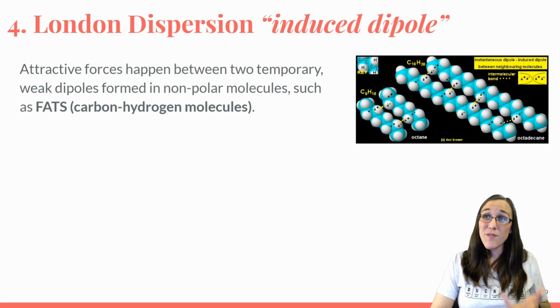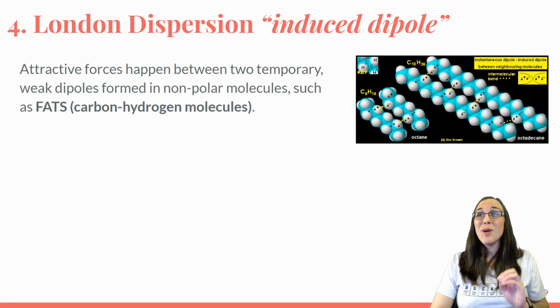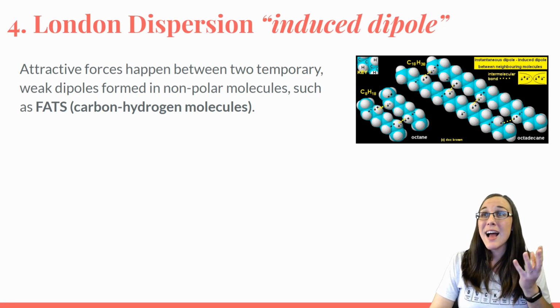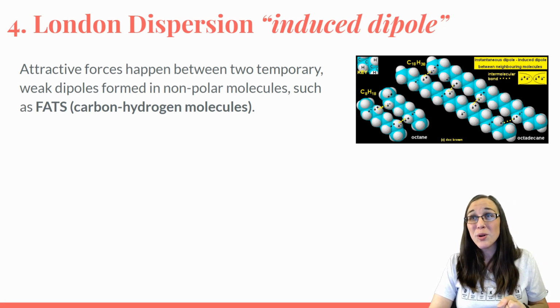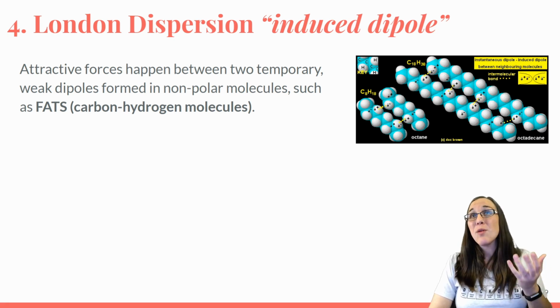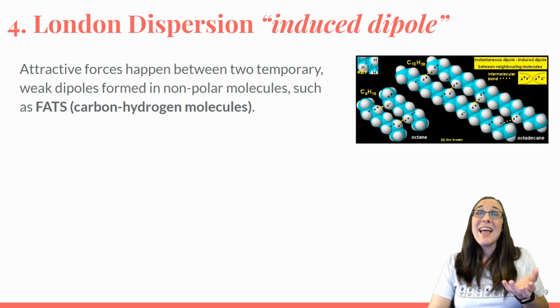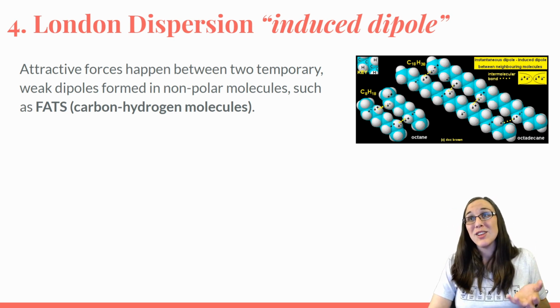Fats, like your oils and your butters, are made up of a lot of carbons and hydrogens. And if you watched my previous video, you know that carbon-hydrogen bonds are nonpolar bonds. So that nonpolar aspect is already a weaker bond in this case. So weak dipoles, and that creates a weaker intermolecular force.